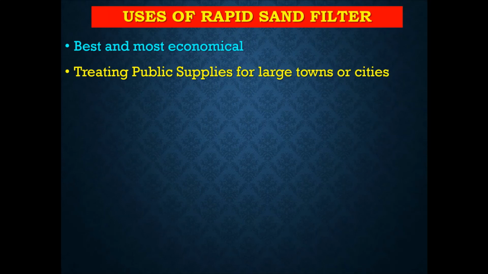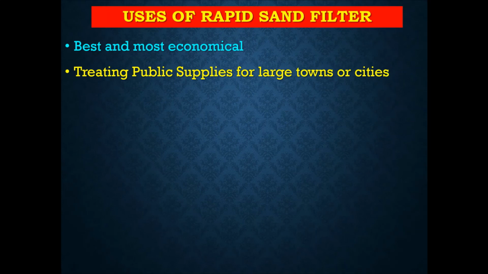Hence you have to satisfy the daily demand. A developed city consists of different sectors, such as industrial and commercial, and you have to satisfy the needs of those sectors. Hence it is one of the best and most economical types of filter.